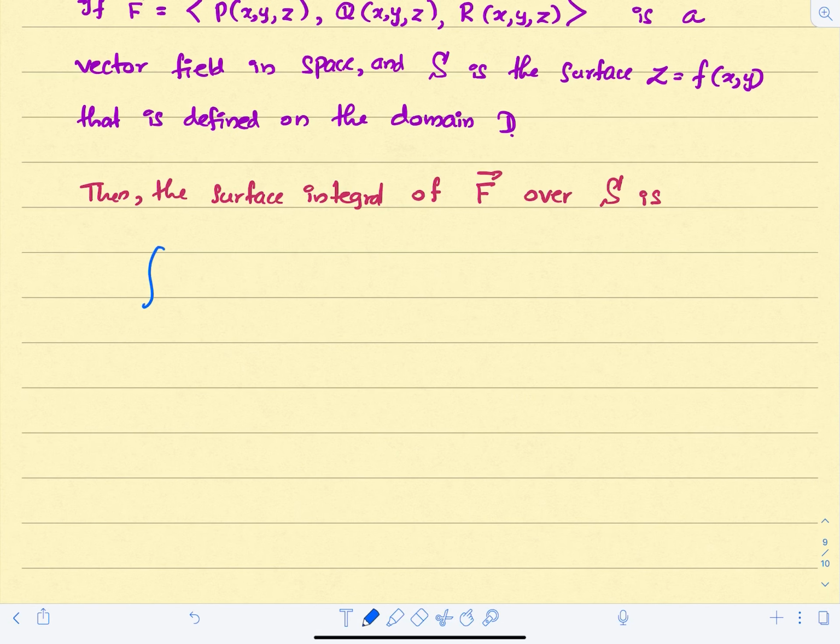We have a double integral of F dot dS over the surface S. And note that I drew an arrow on top of this S to denote this is a vector quantity. This equals the double integral of F dot n dS over the surface S.